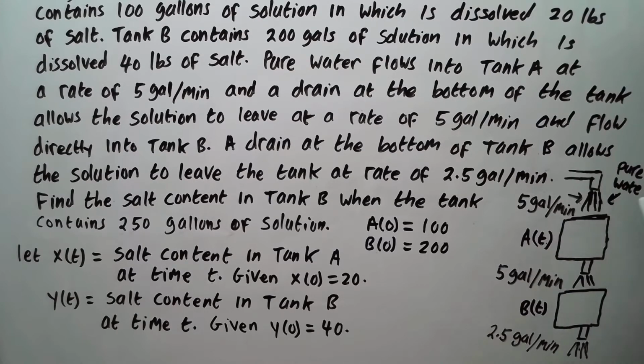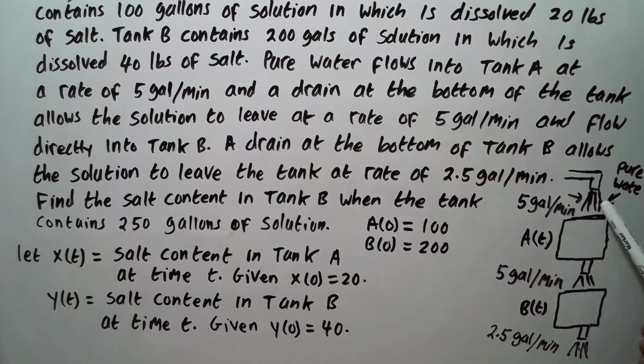Okay, so drawing the picture over here, we have two tanks A and B. So you have 5 gallons of pure water coming in per minute into tank A. And tank A initially has 100 gallons in which is dissolved 20 pounds of salt. Then there's a drain at the bottom of tank A, and it's leaving at 5 gallons a minute also.